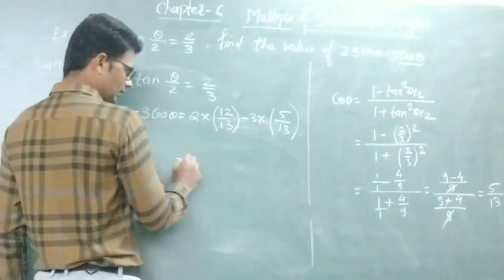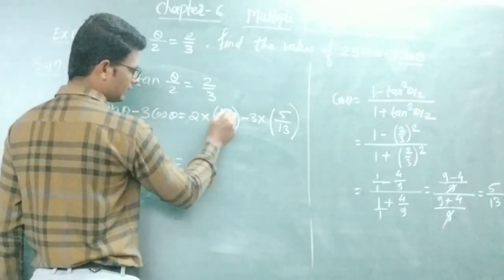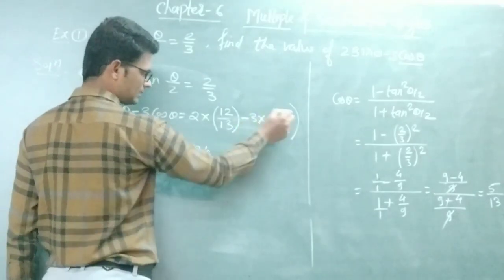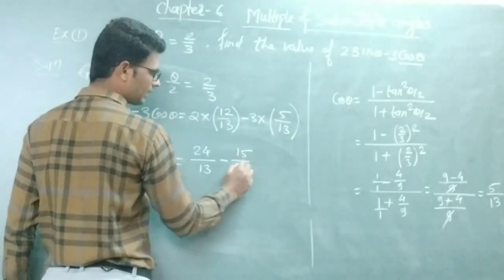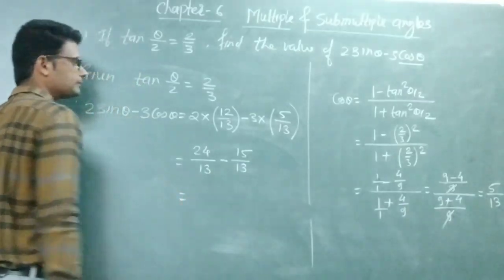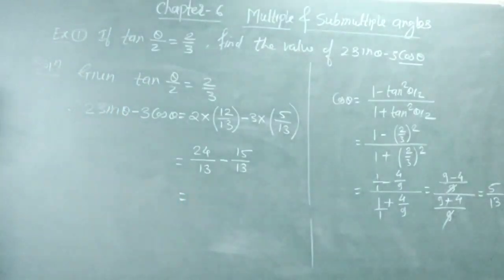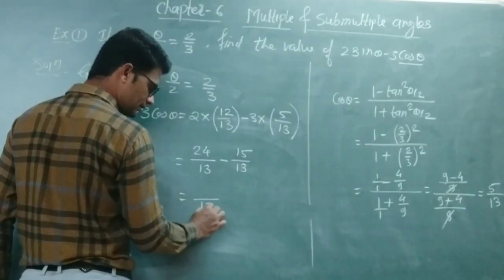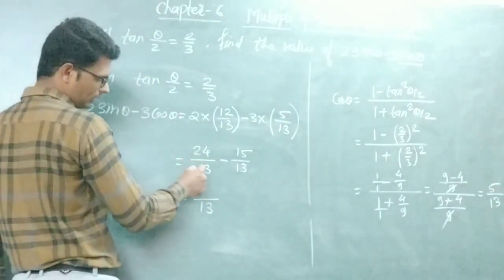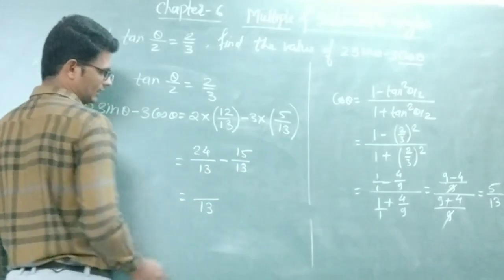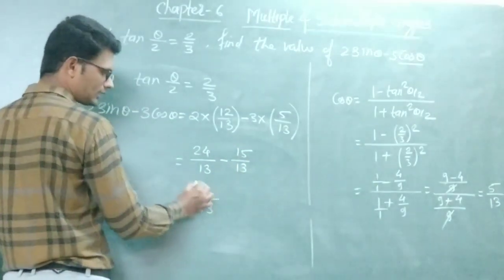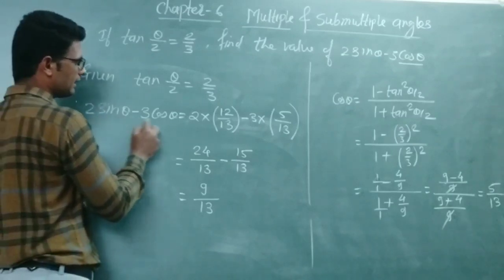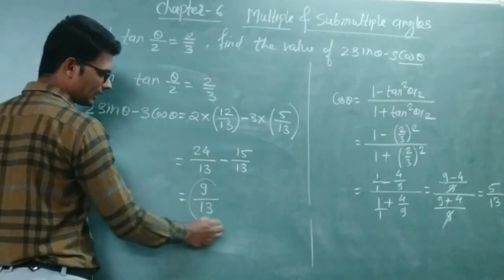Now we have 12 twos are 24 divided by 13 minus 3 fives are 15 divided by 13. The denominator is 13, so you can write this as 13. Now 24 minus 15 is 9. So for 2 sin theta minus 3 cos theta, the answer is 9 by 13.